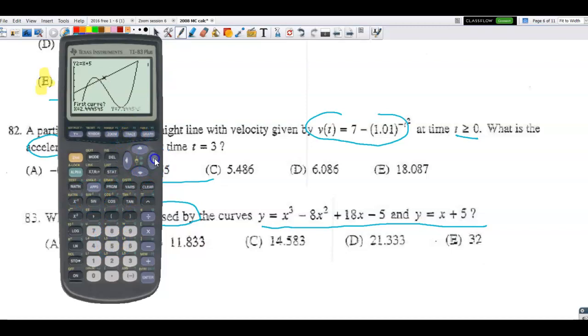I'm going to jump on the line. Notice what I did there is I just used the arrow because it was faster to travel the line than it was to travel the curve. Enter, enter, enter. And it's 5. So I really didn't need to store any of those numbers because they were nice points of intersection. Alpha C, enter.